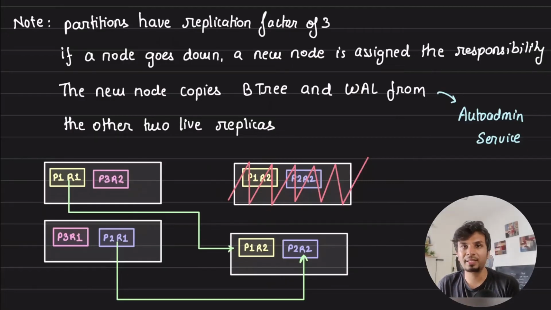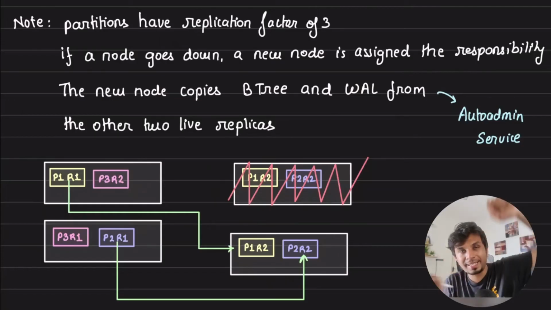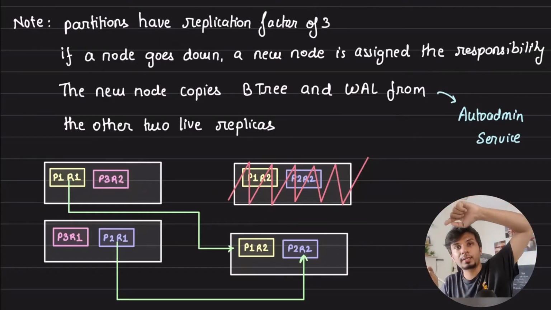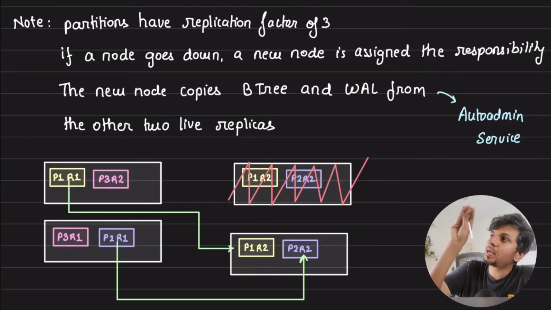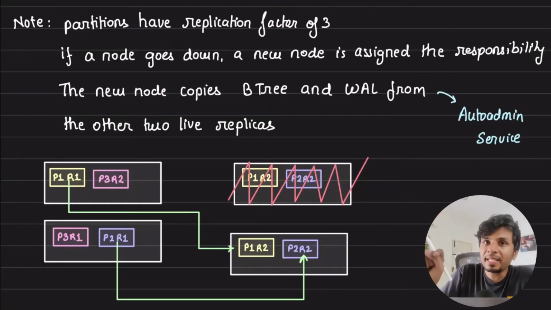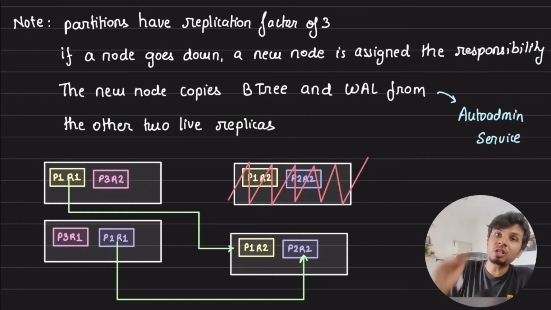This way, the writes that come in still succeed, because when is a write successful? A write is successful when it comes to the leader. From that leader, it sends it to the replicas. That replica simply adds it to the log file and responds back. They are not ensuring that it is added to the data, which means that if we just have log replicas, our writes would still work, which is precisely what DynamoDB does.